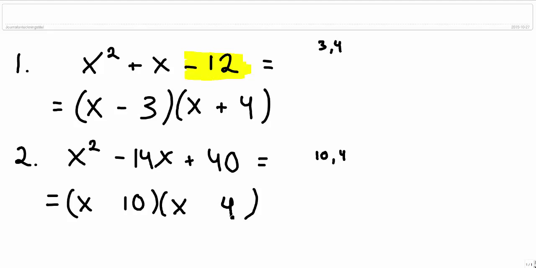Now, the signs, well, the only way to get minus 14 is if we have minus 10 and minus 4, because minus 10 times x is minus 10x, and then this x term times minus 4 is minus 4x, total minus 14x. How about the constant? Minus 10 times minus 4 is going to be plus 40, so this works out.